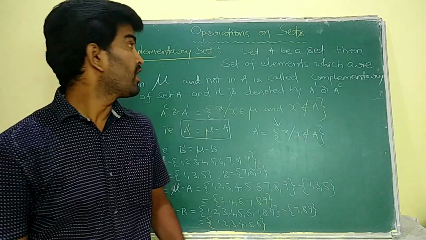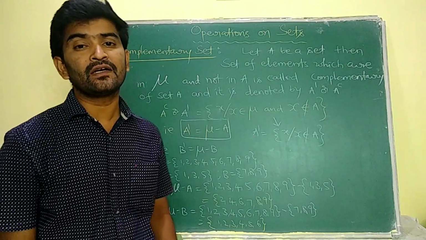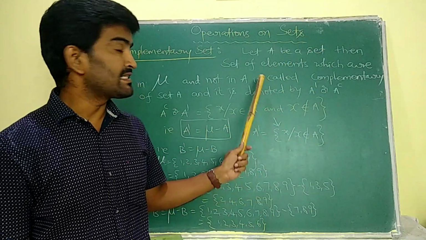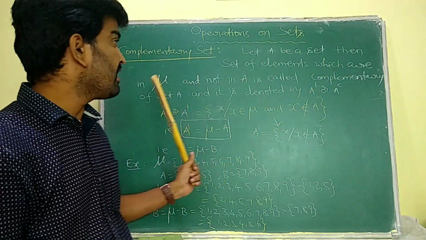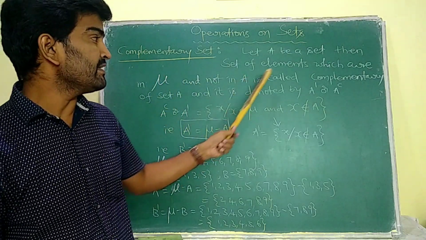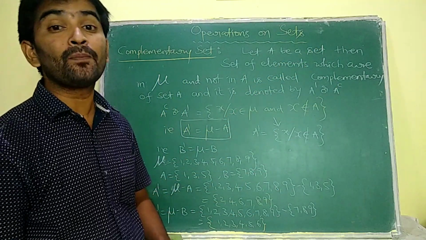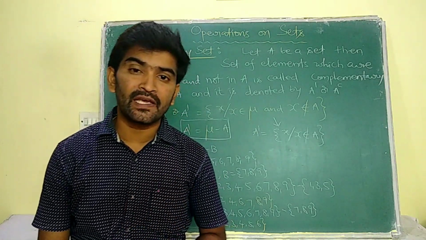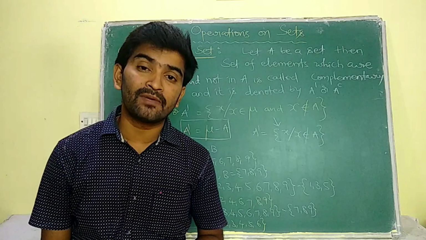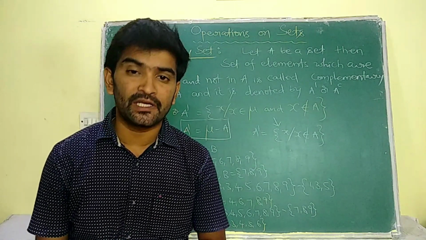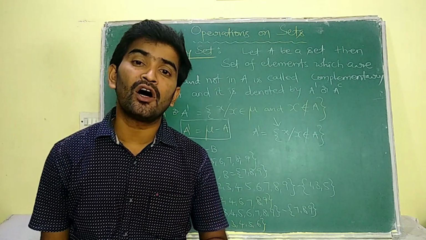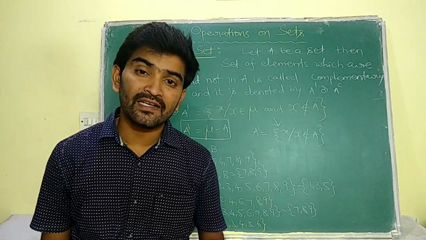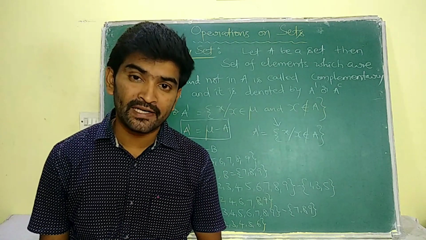Complementary set. Complementary set means first we have to take one set A. Let A be a set. Then the set of all elements which are in mu but not in A is known as the complement of A. That means if I want to find the complement of B, then I have to write all the elements which do not belong to B. We have to remove all the elements of B from the universal set, then whatever I get is said to be B complement.